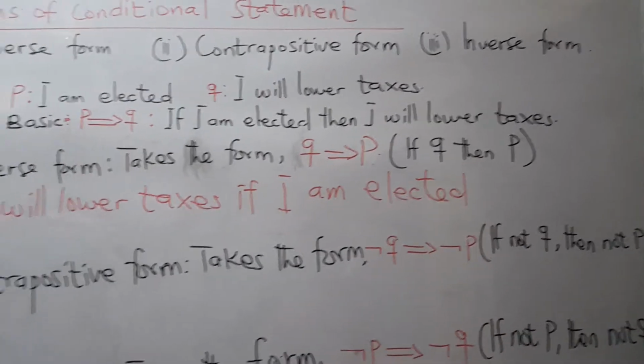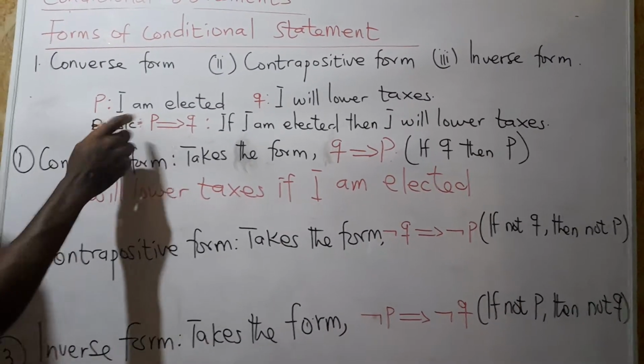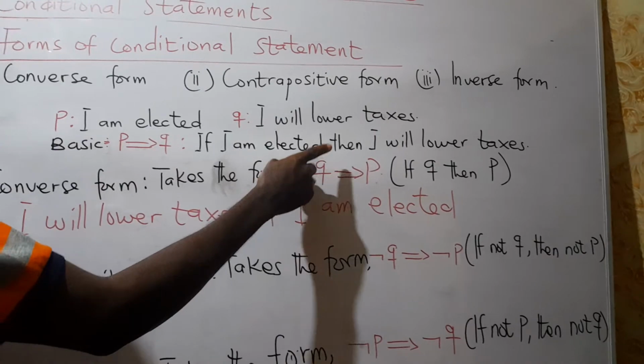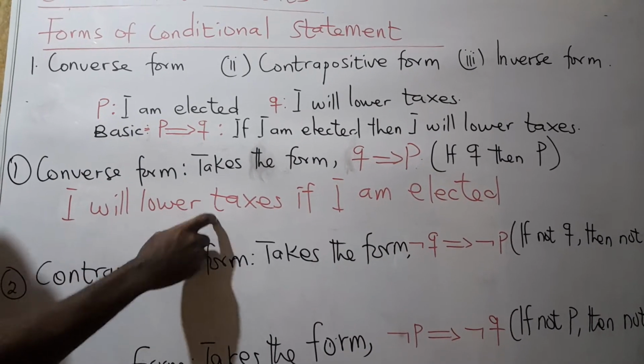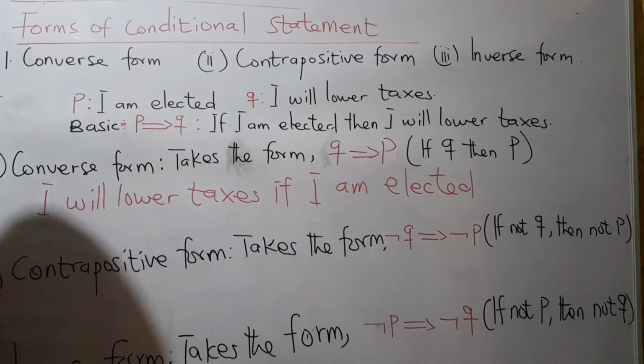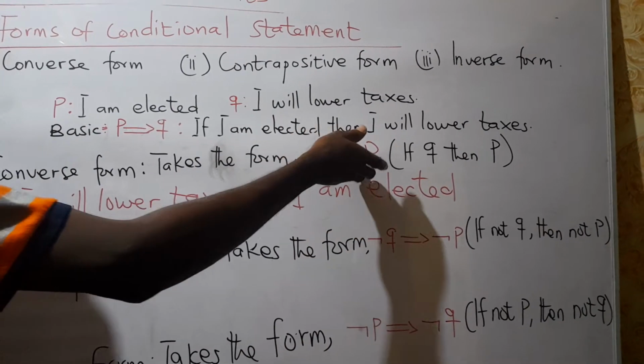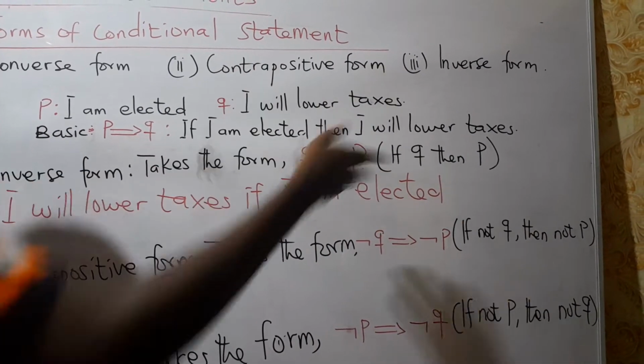I hope you get that. So the basic is if I'm elected, then I will lower taxes. Then the converse form will be I will lower taxes if I am elected. That means Q implies P now.